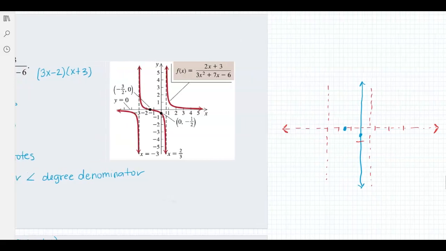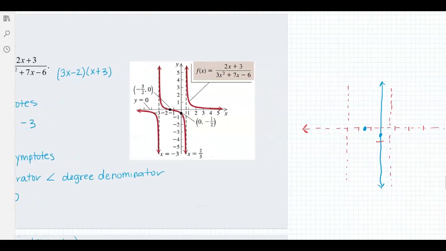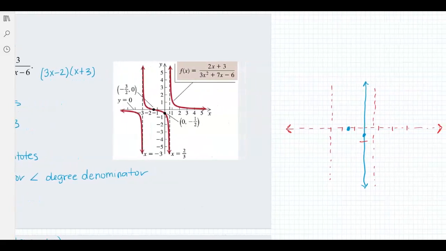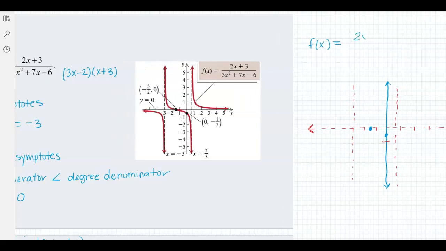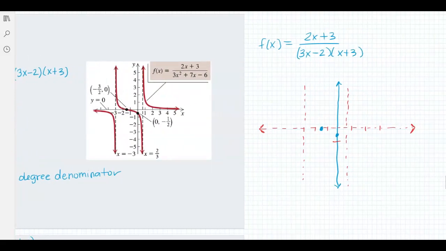And to do this, I'm going to look at the factored version of the equation. So I'll write that over here. Our original equation is 2x plus 3 over 3x minus 2 and x plus 3. Okay. Now I'm going to plug in points just to the left and the right of this asymptote right here.